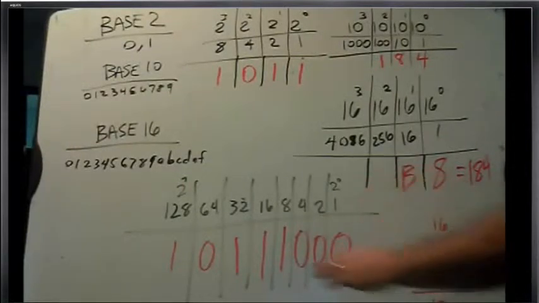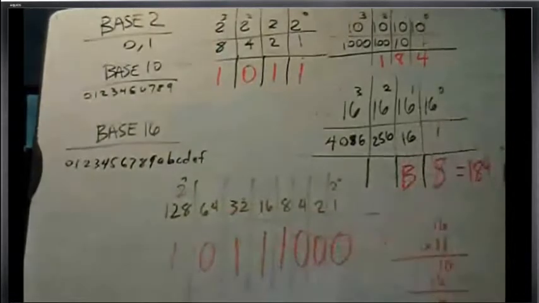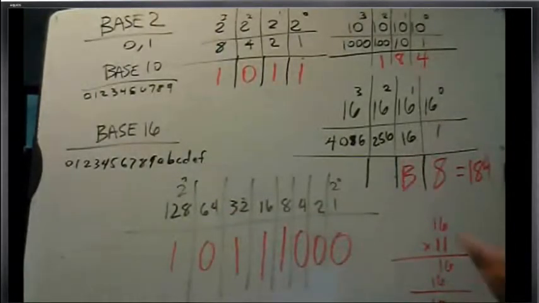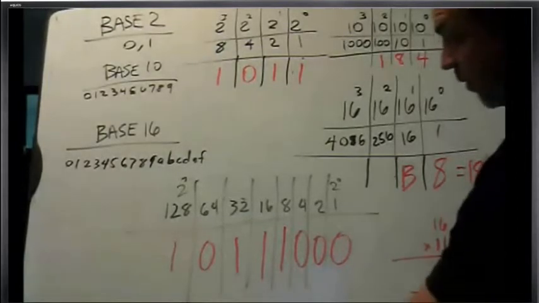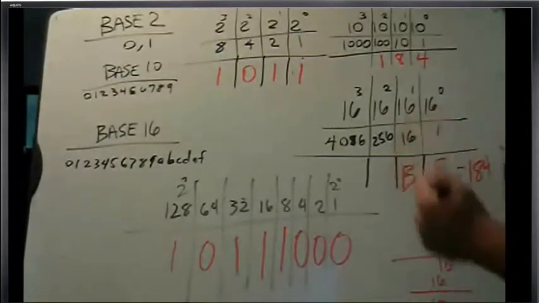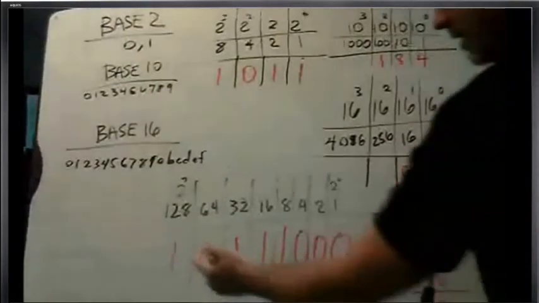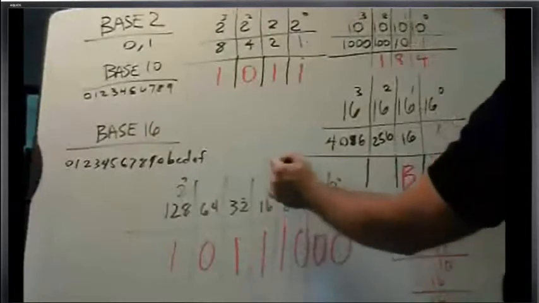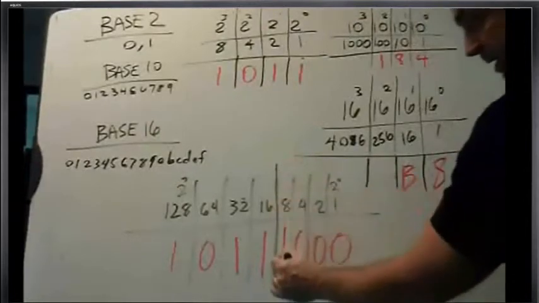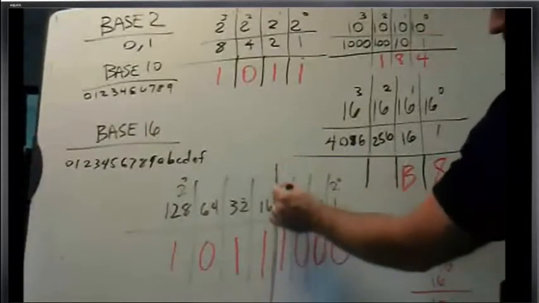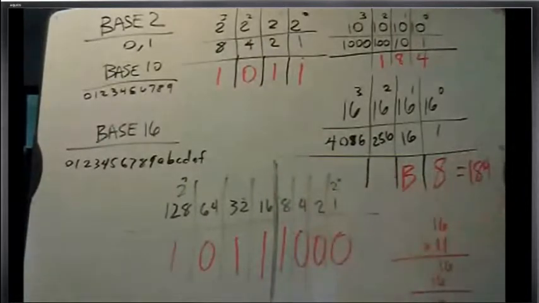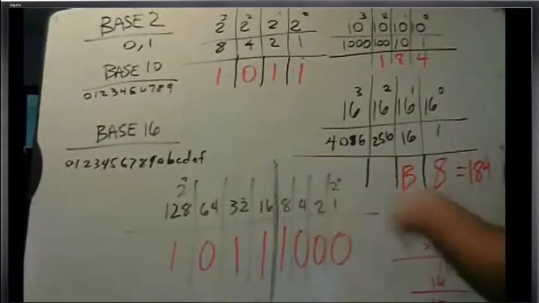Well, if we take these 8 bits and divide them into what's called 2 nibbles, which would be 4 bits each, we can treat each 4 bits separately.